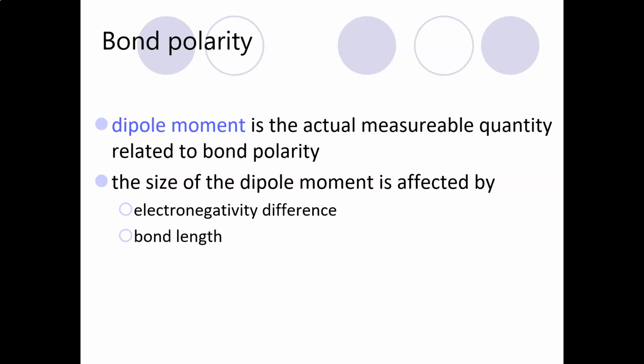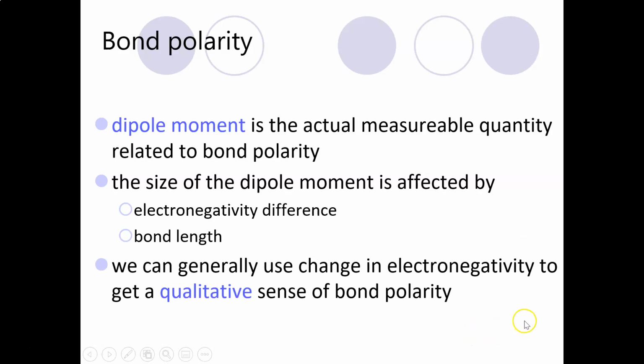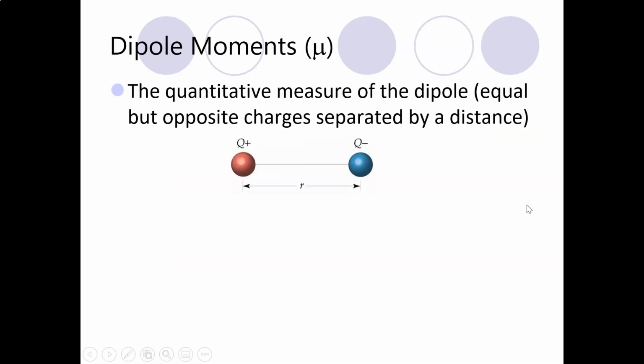This is something we have not looked at before, bond length. We can generally use the change in electronegativity to get a qualitative sense of bond polarity, but we've got to think about the bond length to understand how bond polarity truly is generated in terms of the dipole moment, the quantitative stuff.